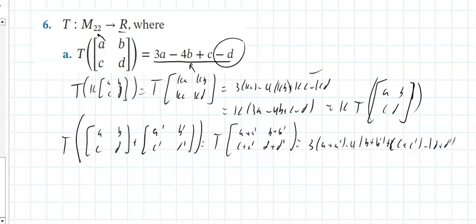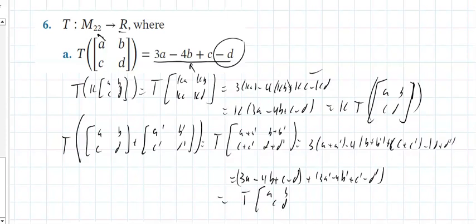But I could say that is 3a minus 4b plus c minus d plus 3a prime minus 4b prime plus c prime minus d prime, which is the transformation on a, b, c, d plus a prime, b prime, c prime, and d prime. So therefore it is a linear transformation.